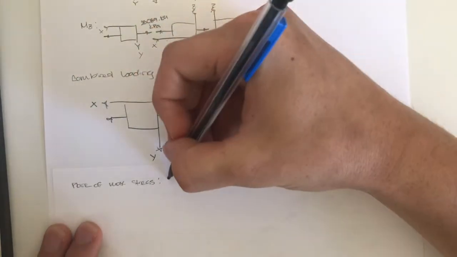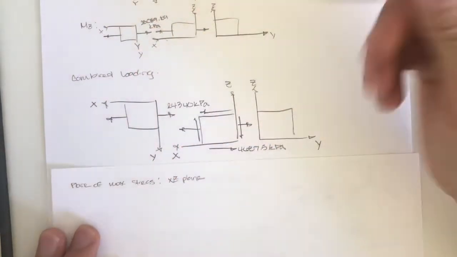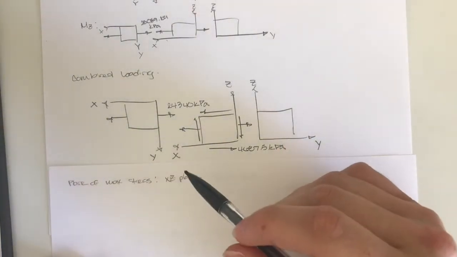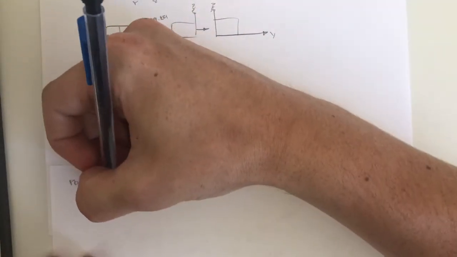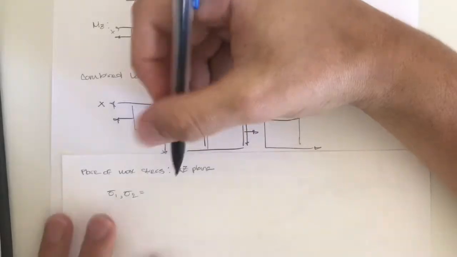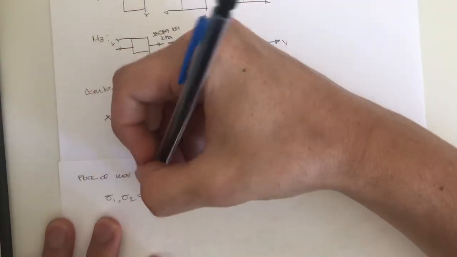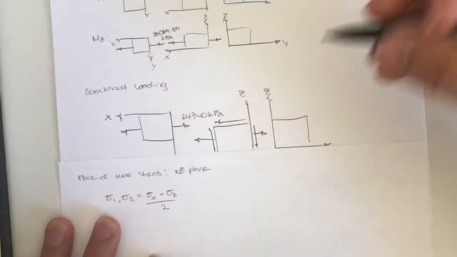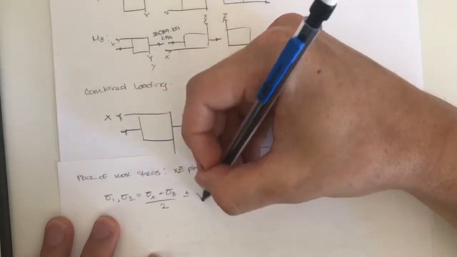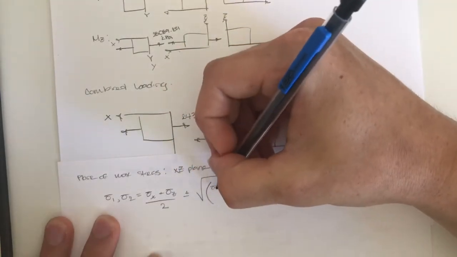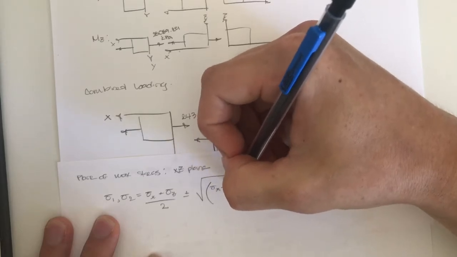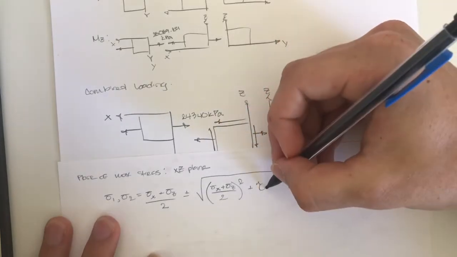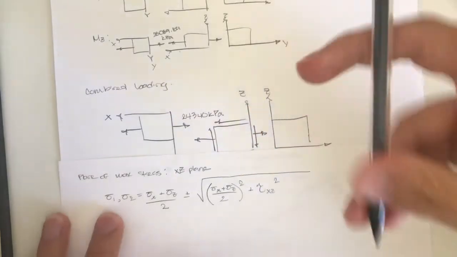So with this, we can find our max shear stress as well as our principal stresses through this equation that we've seen many times. So sigma x plus sigma z, as we're in the XZ plane, divided by 2 plus or minus the square root of sigma x minus sigma z divided by 2 squared plus tau xz squared.